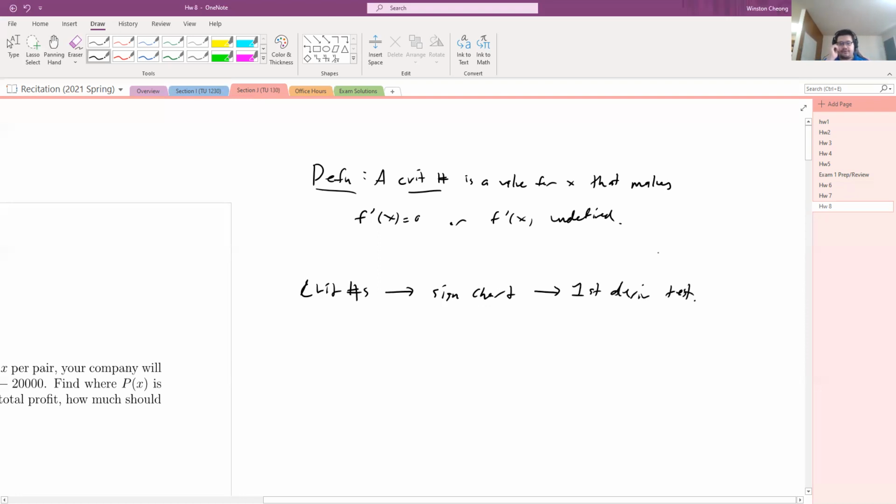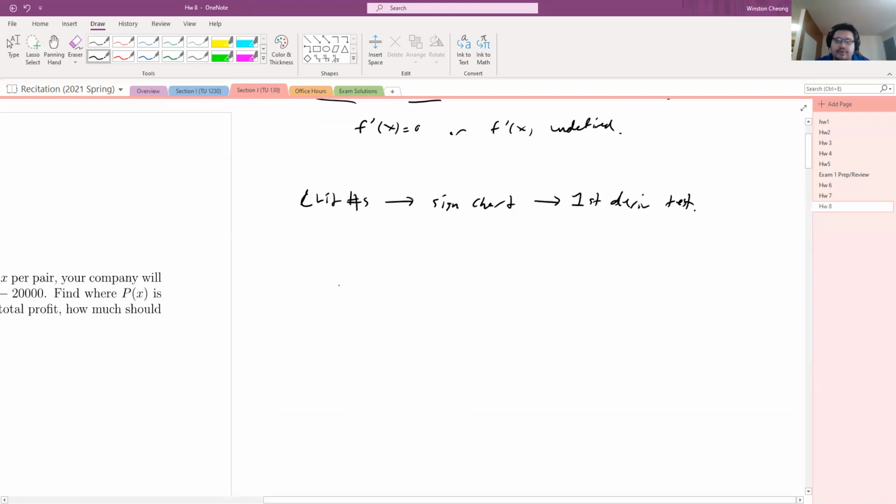The critical numbers are the dividers for the sign chart, and you'll see what I mean by that when we start working through some problems. So we have the sign chart, and then we just read off. We look at the signs on the intervals, and that'll tell us whether the thing is a local min or max.